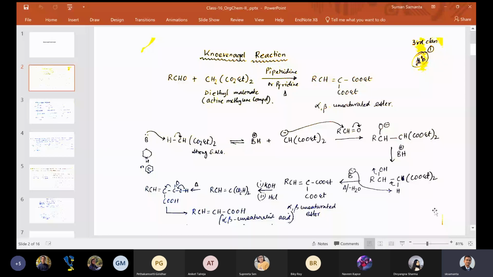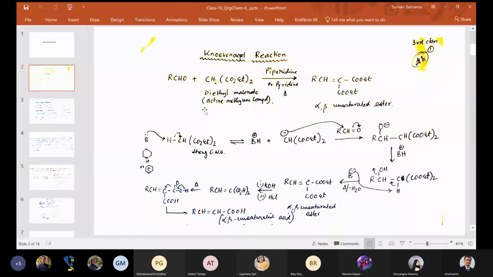Now let's come to this question. This compound, CH2(CO2Et)2, although it looks like a simple modification from our previous reactions like Claisen ester condensation or aldol condensation, actually belongs to a category called active methylene compound.